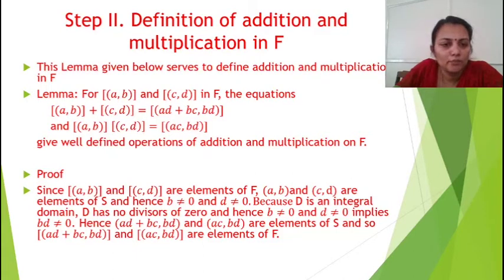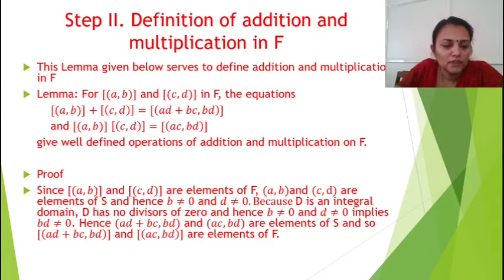Then the LCM is bd, and when we cross multiply, the second coordinate term is bd, and the numerator is ad + bc: the numerator of the first multiplied by the other denominator, plus the numerator of the next multiplied by the other denominator. And the multiplication is [a,b][c,d] = [ac, bd]. This gives well-defined operations of addition and multiplication on F.